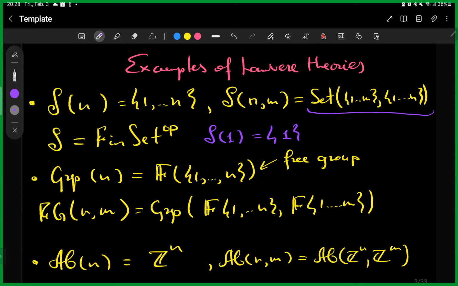And of course, we can also encode abelian groups. So here, instead of free groups, we have free abelian groups of rank n, and the set of morphisms is given by homomorphisms of abelian groups.